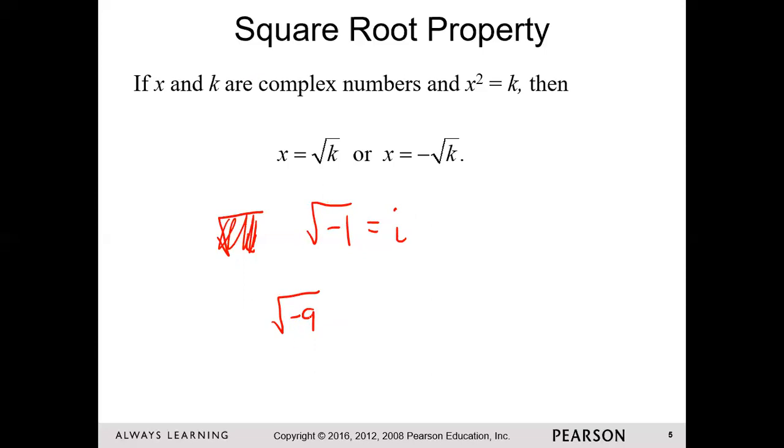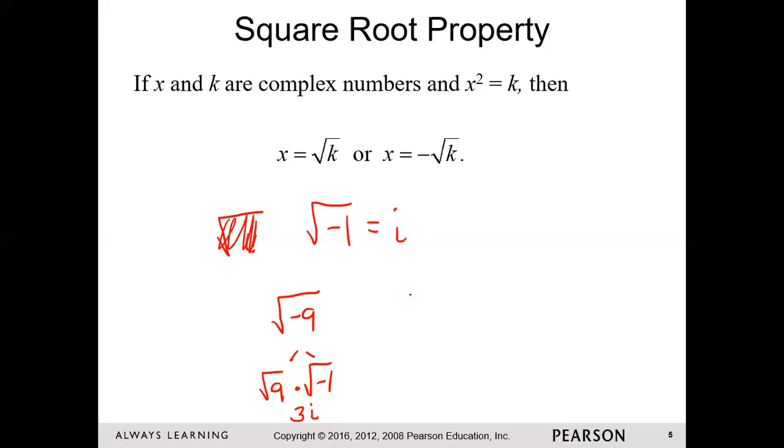But now we're able to do this by using the same principles that we used in chapter 7, breaking this up so that it is the square root of 9 times the square root of -1. And you can see that the square root of 9 is, of course, 3. And then the square root of -1 using this definition is i.